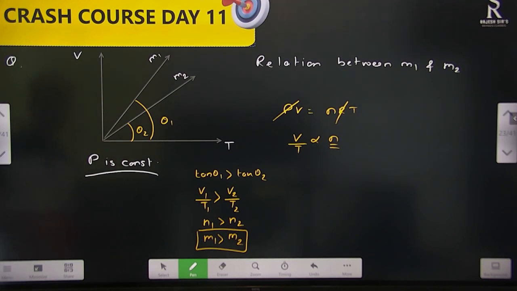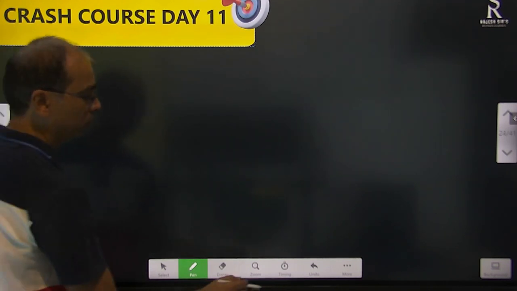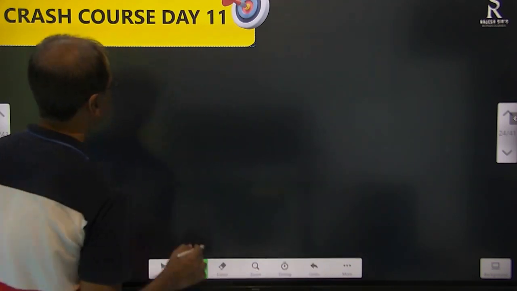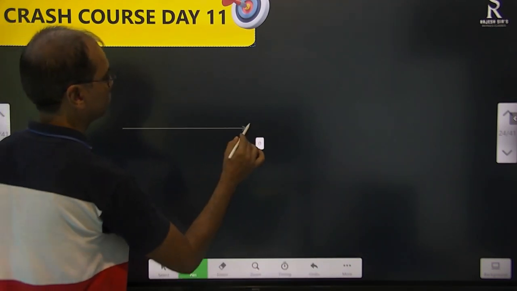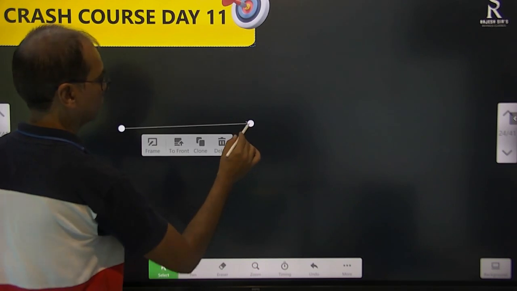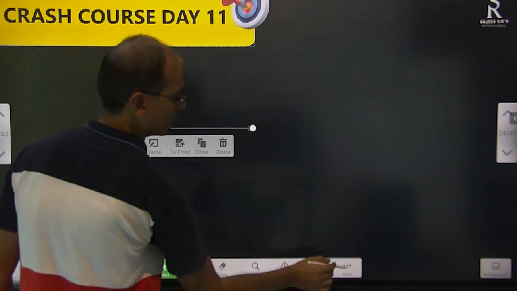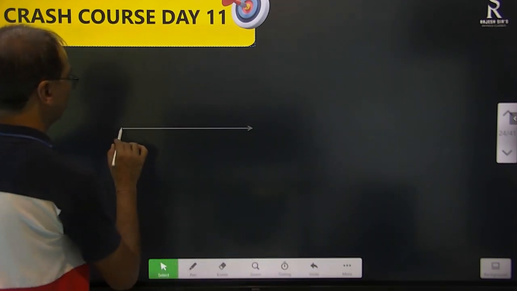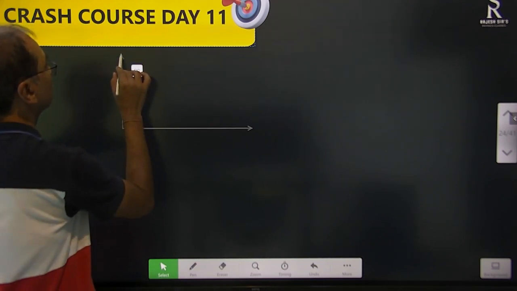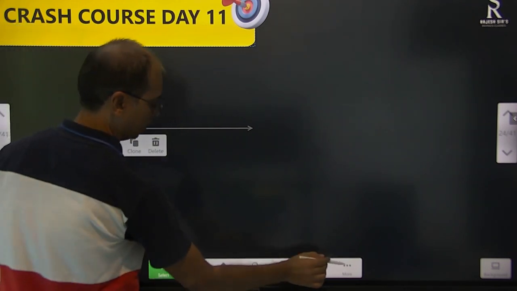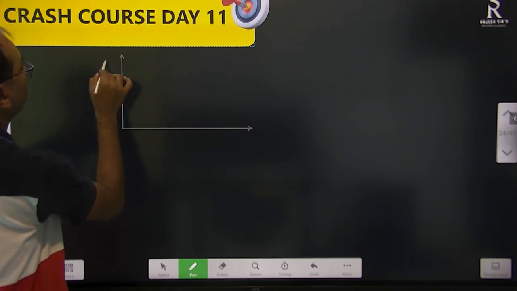Okay. One more question. But this time I'll give you a PT graph. This is the PT graph for you.